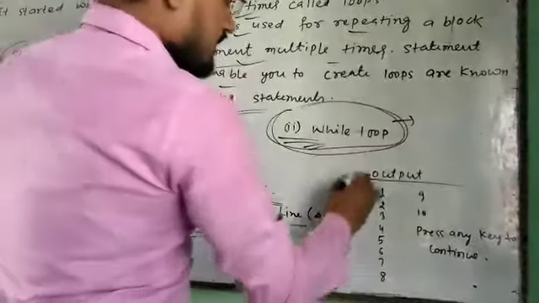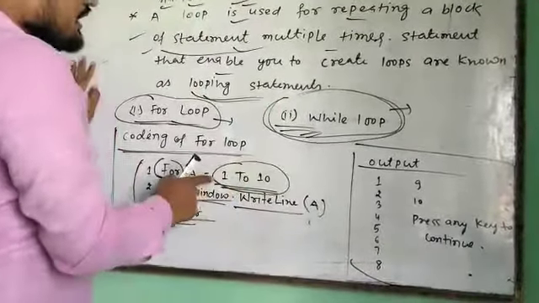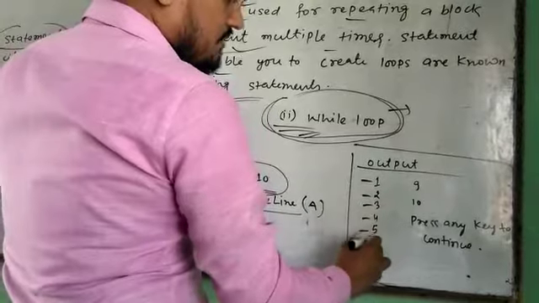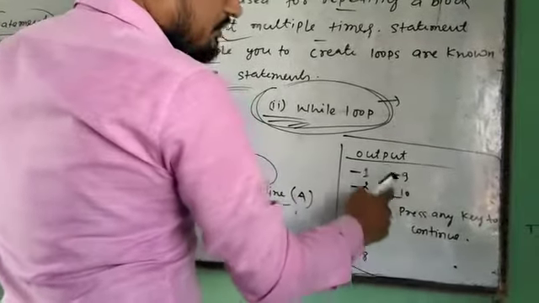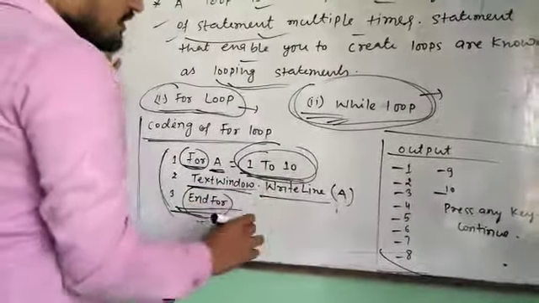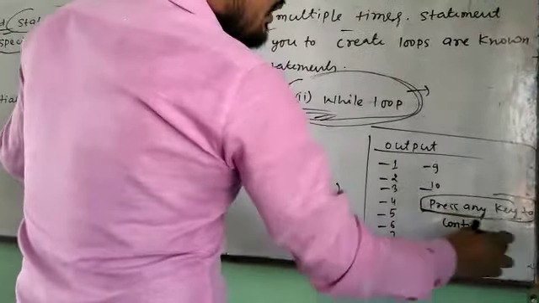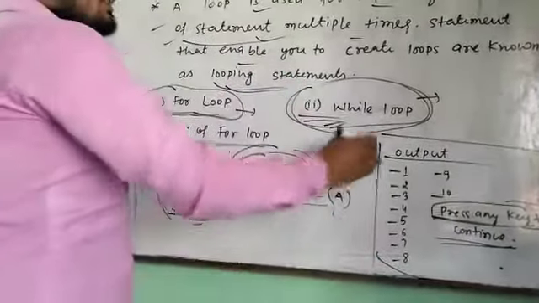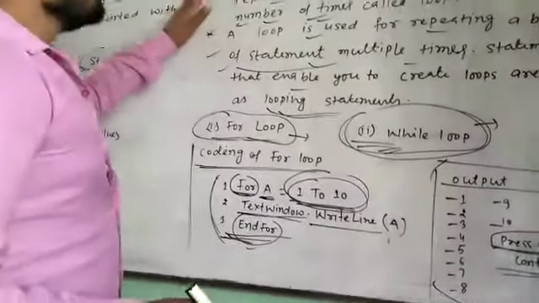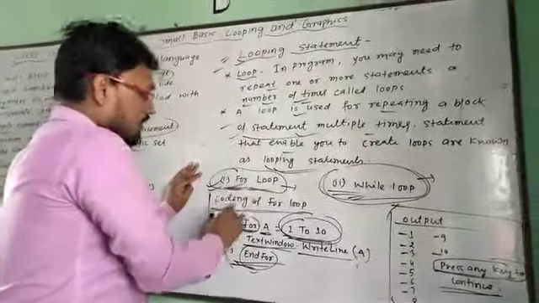After running this program, the output is repetition of times 1 to 10. So numbers 1, 2, 3, 4, 5, 6, 7, 8, 9, 10. After the repetition from 1 to 10, a message "Press any key to continue" is displayed in our output window. And this is the first type of for loop and its code.